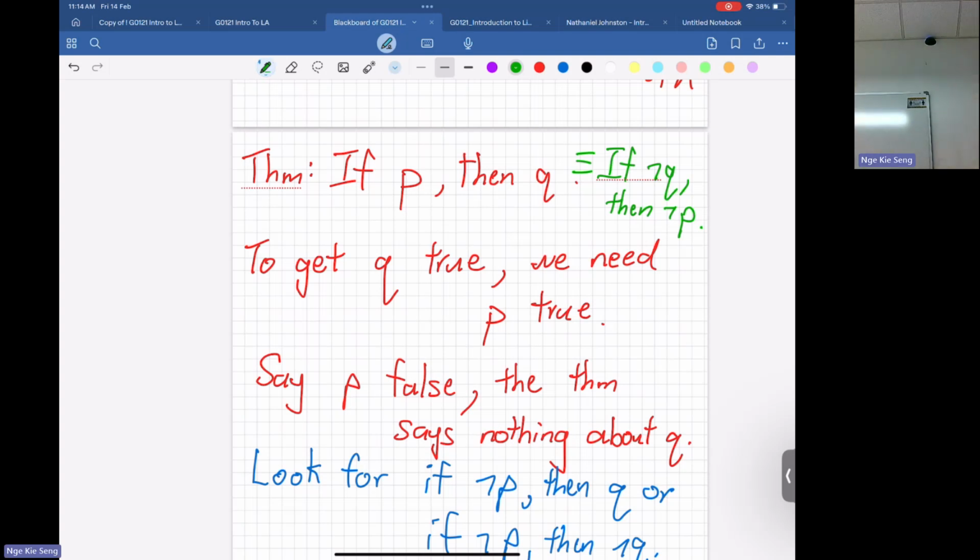For example, if today is going to rain, then I'm going to bring an umbrella. If I don't bring an umbrella, that means today doesn't rain. But if today rains, I could either bring an umbrella or not bring an umbrella.